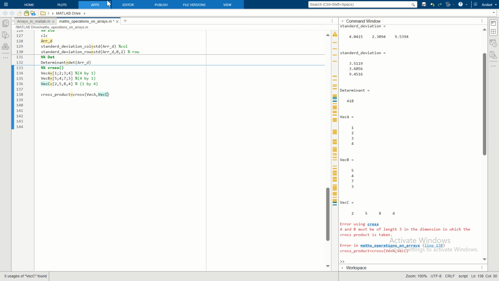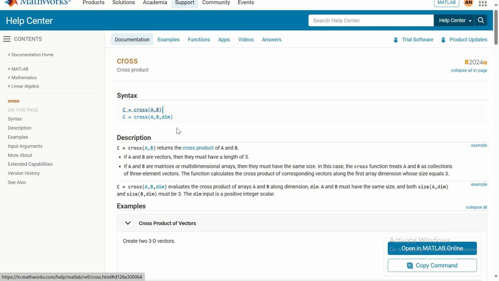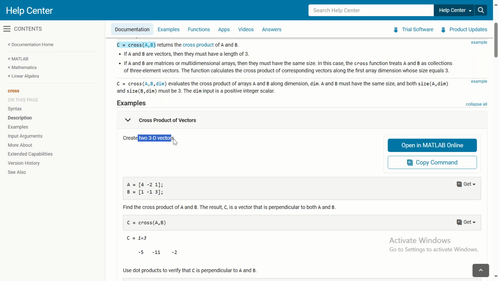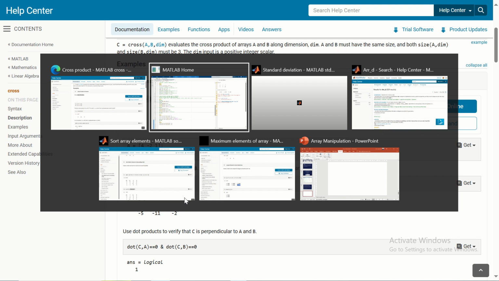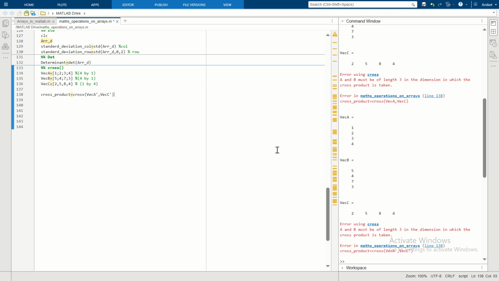Yes, and that's it. A must be of length 3 in the dimension for the cross product to be taken. Okay, so this must be row vectors. Okay, so we'll be doing this like this. Is it possible? Or it is saying that it should be of 3 by 3.